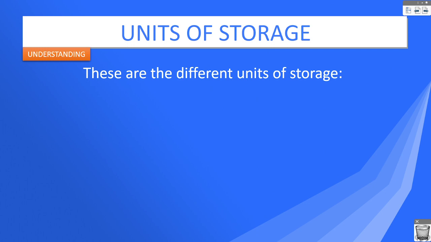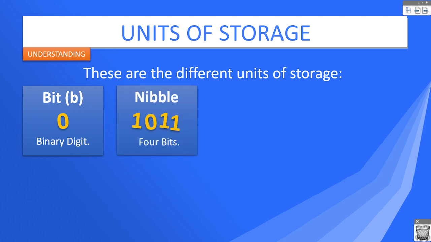So, the main objective of this is to look at units of storage, and there are a couple of different units that we need to consider. We know that a bit is just a binary digit, 0 for example, but we also have a nibble, and that is 4 bits. In essence, it's half of 8 bits.